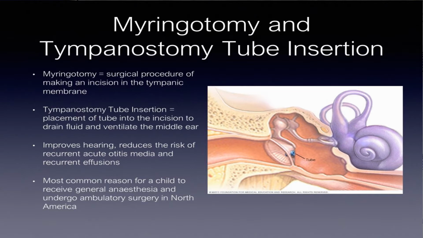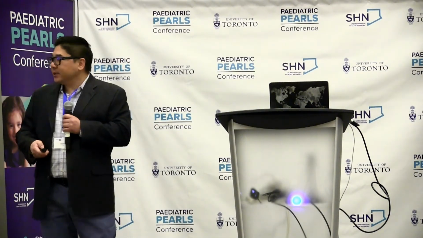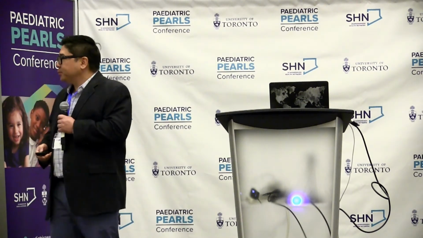And MNT, or tube surgery, is the most common reason for a child to receive general anesthesia and undergo ambulatory surgery in North America. It's estimated that there'll be about 700,000 operations in the United States.